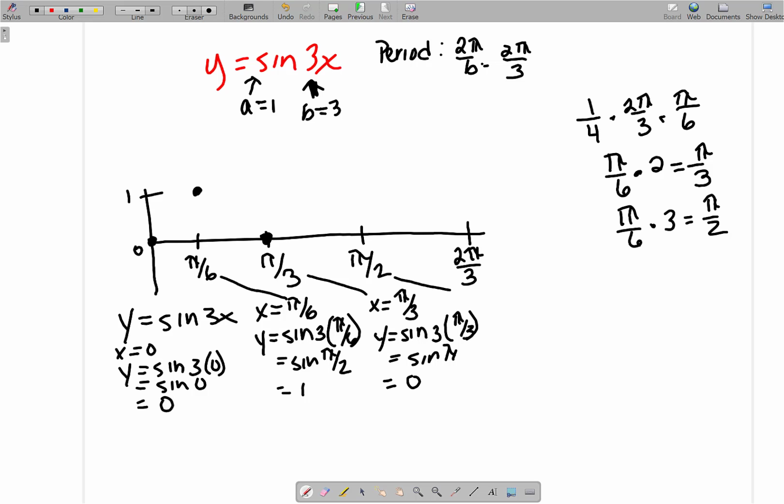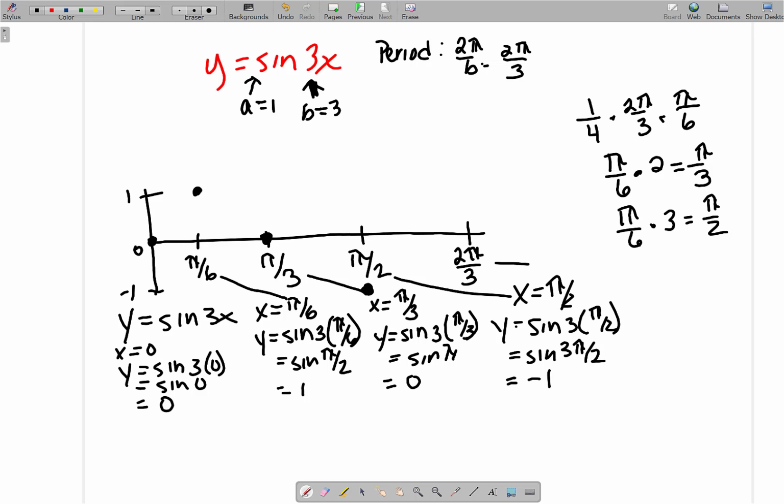So let's try x equals pi over 2. So y equals the sine of 3 times pi over 2 equals the sine of 3 pi over 2, which is 270, which is -1. So at pi over 2, we go to -1. And then lastly, let's do our x equals 2 pi over 3.